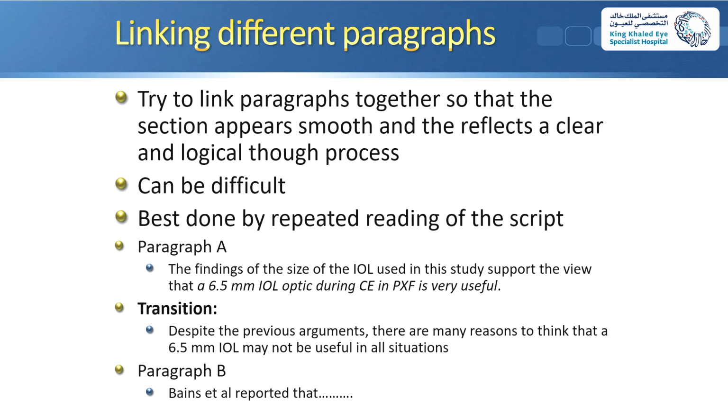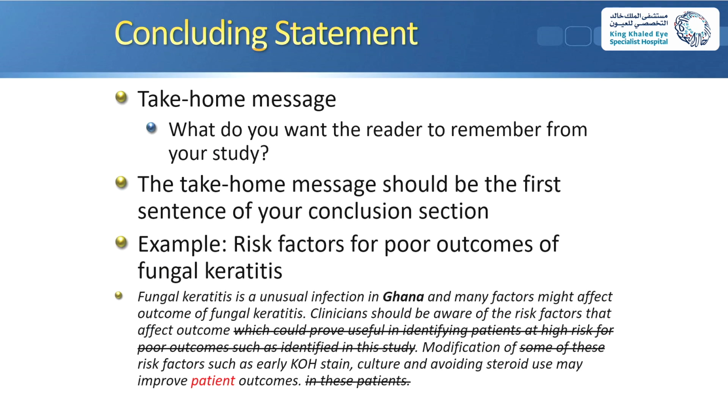And then in paragraph B, or in the same transition, you can cite the literature as to why you think this is not useful, right? So there needs to be linkage so that your discussion is smooth. And then you want a concluding statement at the end, which is useful, which is the take-home message.